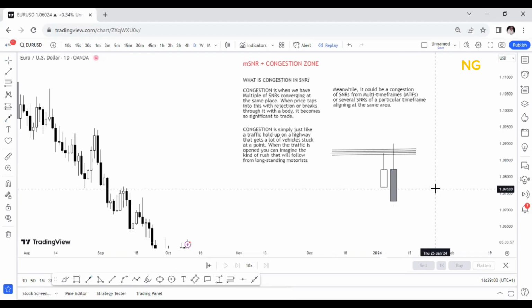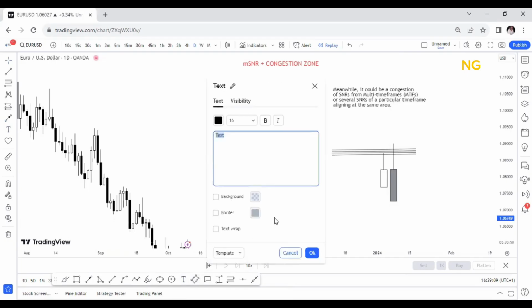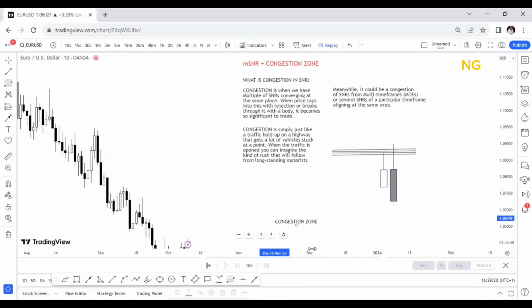As long as you have a rejection there, this plate becomes a congestion zone. Yeah, this is a congestion zone, right?